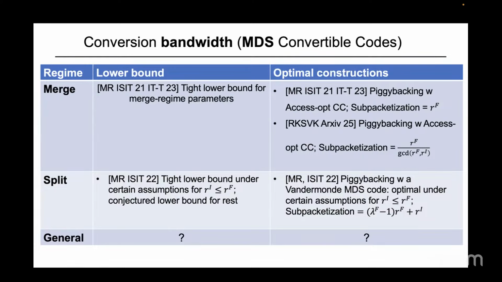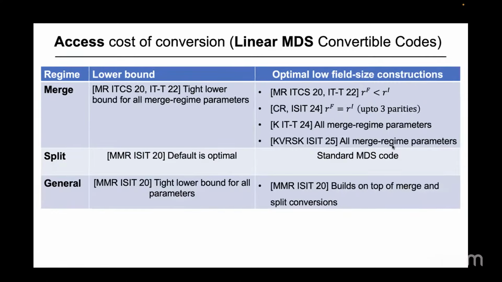And there has been recent work, potentially including some of the authors in the room right now, that improves the subpacketization size. A subset of the authors are also the ones who had the new constructions for access optimal codes for the all regime and merge regime in the access cost.